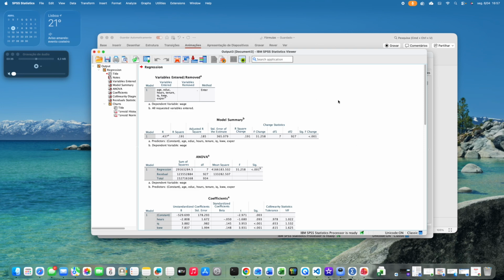First, the coefficient of multiple determination, which is an analog of Pearson's correlation coefficient for the correlation between the dependent variable and the independent variables in our model. So there's a moderate correlation between all our independent variables and the dependent variable wage.